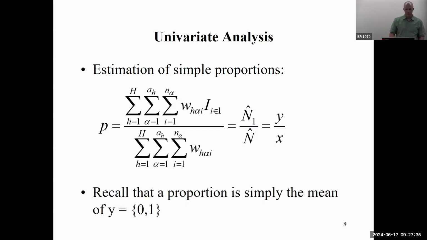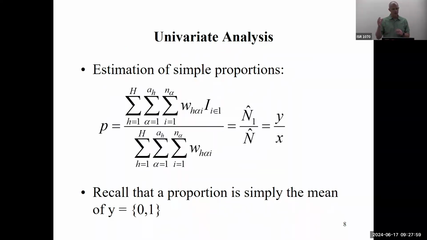Okay, so when we're talking about univariate or single variable analyses of categorical data, this involves estimation of these simple proportions. And we've already seen this formula before. This looks just like what we've been talking about with a weighted mean. The difference here is that we're talking about an indicator variable of being in a particular group in the data set. So that's what that I means.